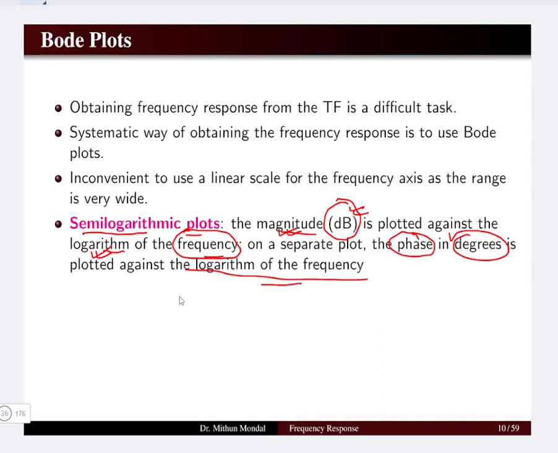So in the logarithmic plot, our frequency axis will be a log axis, the magnitude axis will be in dB and the phase axis will be in degrees. Why the semi-logarithmic plot? Because we are using the semi-log graph sheet to plot it, that we are going to see.